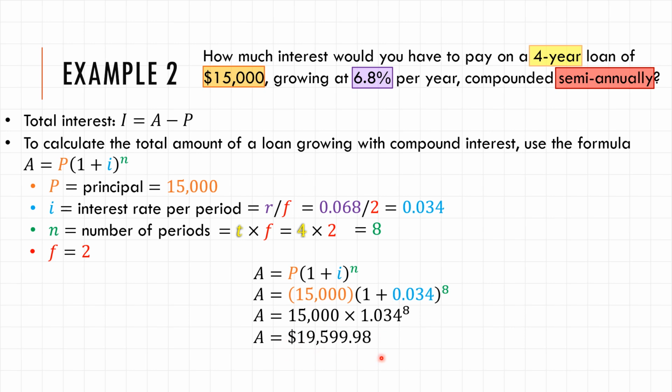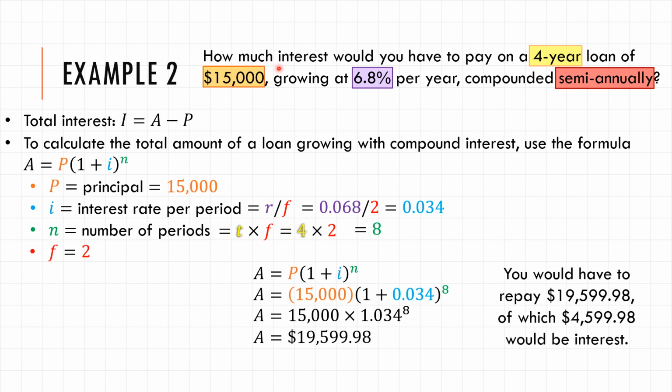This is how much we have to pay back, but this includes the principal. So all we have to do is take $19,599.98 and subtract the principal of $15,000 to find out that the interest we paid is $4,599.98. You have to repay $19,000, of which $4,000 will be just interest.